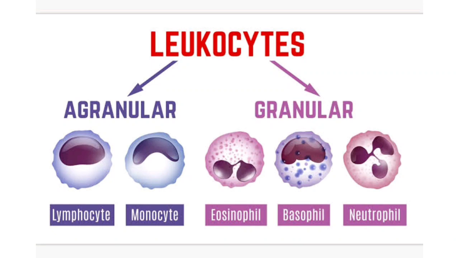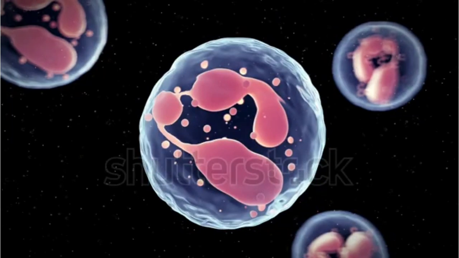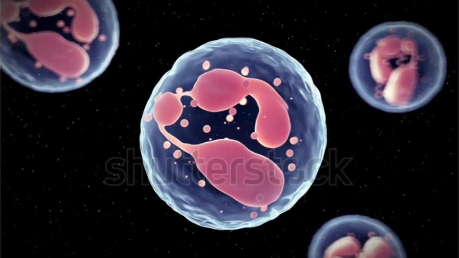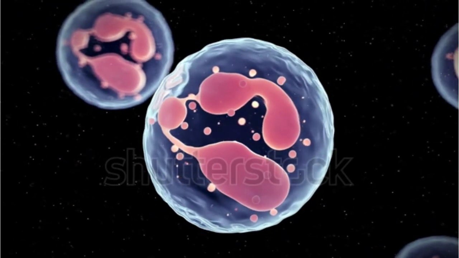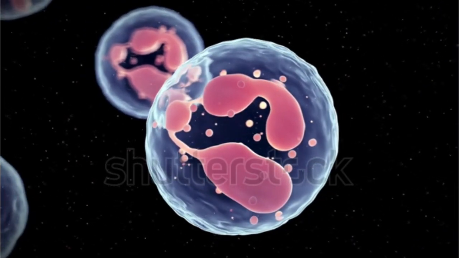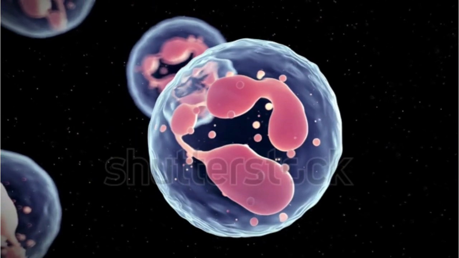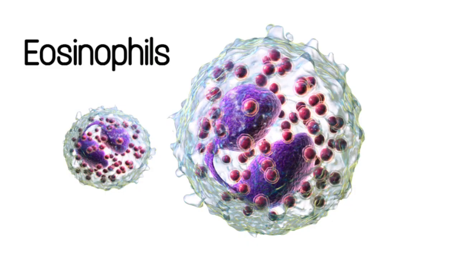The WBCs can be of two types, granulocytes and agranulocytes. Granulocytes are the cells which have a presence of granules in their cytoplasm. Again, these granulocytes can be divided into three types: eosinophils, basophils, and neutrophils.